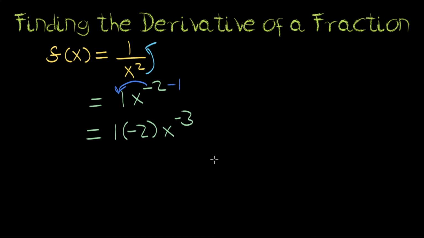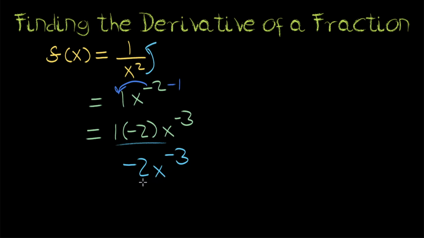And now we just need to clean things up here, and then we also need to do one last thing. So this area right here would just be negative 2, because 1 times negative 2 equals negative 2. And then we have x to the negative 3. When we're here, we need to make our negative 3 a positive number, because we can't keep a negative exponent. So we need to move this back to the bottom.